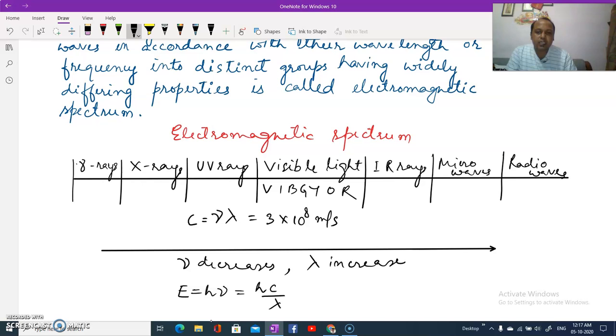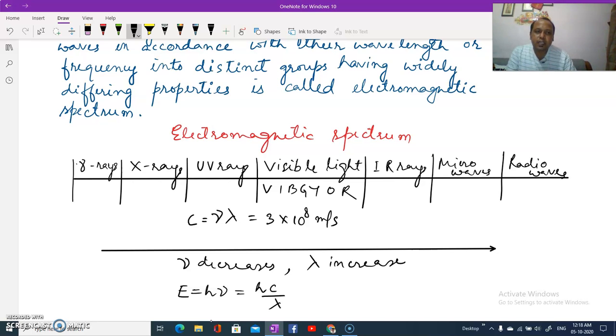So if the frequency increases, energy increases, but when the wavelength increases, energy decreases. So as we move from left to right, the frequency decreases, that means energy decreases.